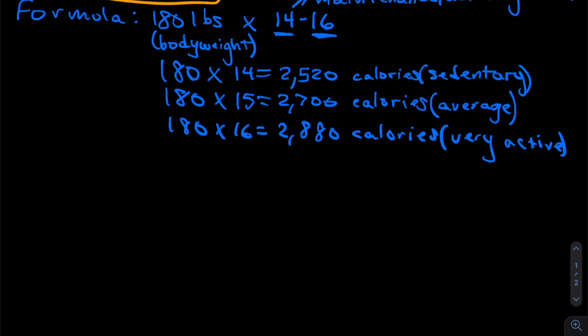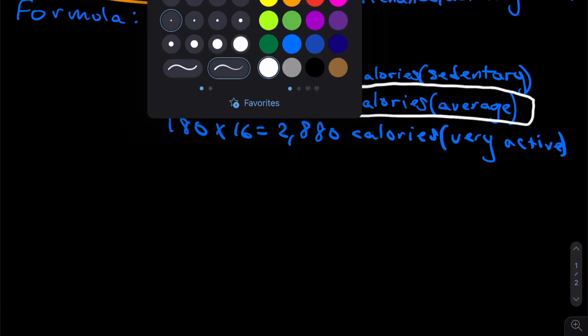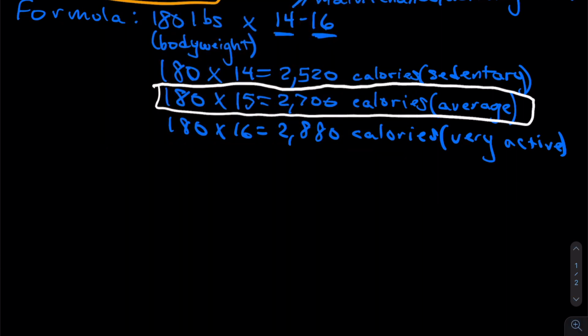In order to track this properly, we're going to apply what we just did, but just as an example, we're going to be doing 180 times 15, just this video. So our example person is going to be on the average scale. We're going to call this person Bruce Wayne, since if you guys know me, I'm a big fan of the Batman movies and everything, so Bruce Wayne is a big character for me personally.